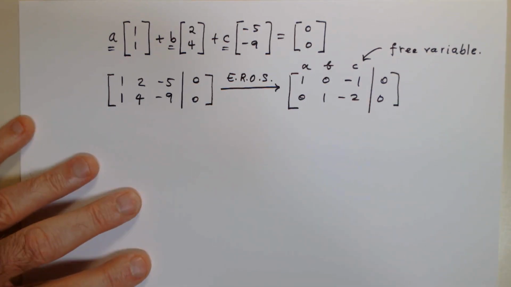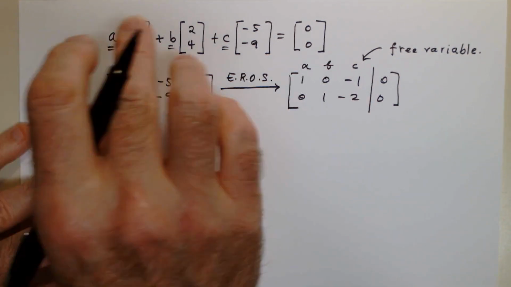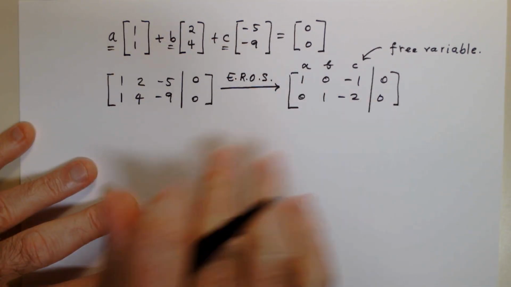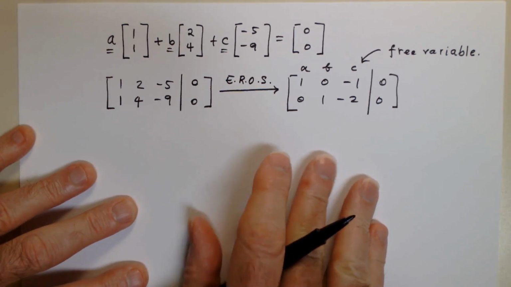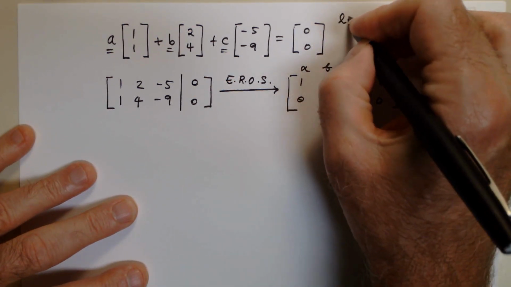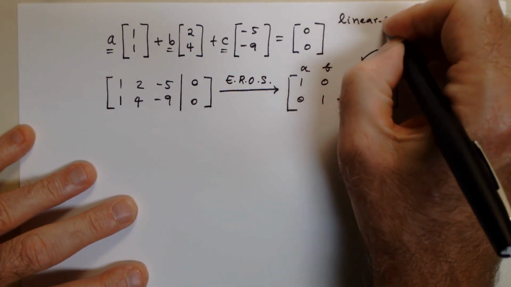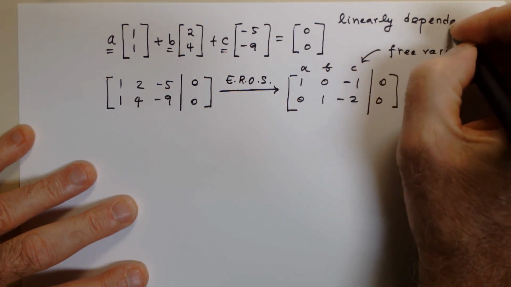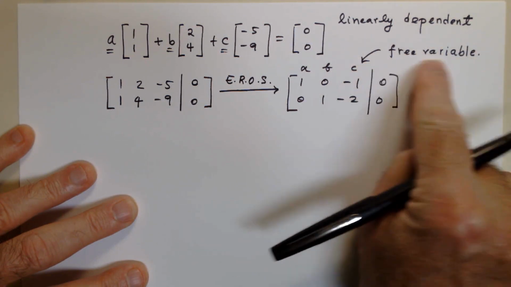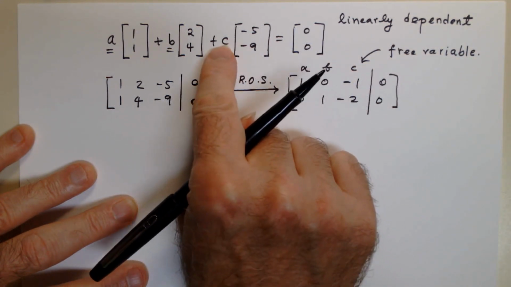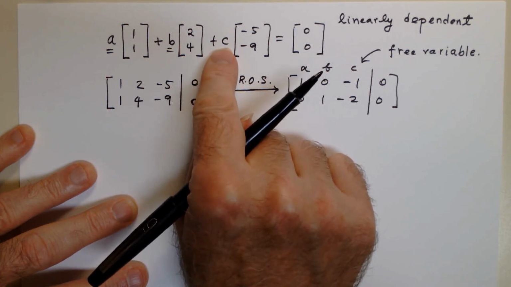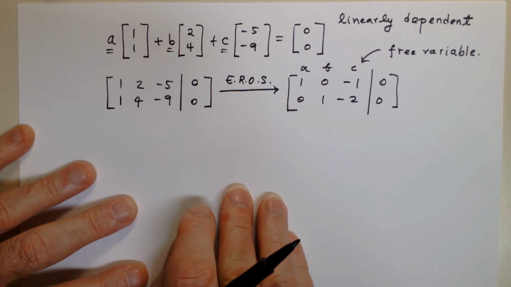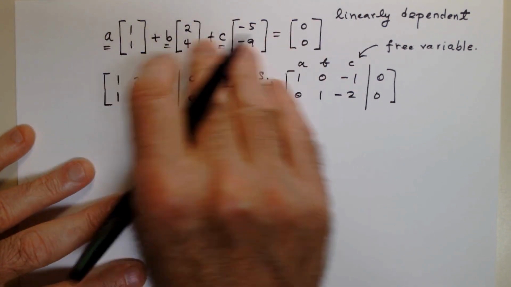And in a sense, the game is over. We know, in fact, that this collection must be linearly dependent. We know that right here. We could put our pen down and walk away. We could safely declare this collection is linearly dependent, because the presence of this free variable says I can set this one equal to anything different from 0, and I'll have a non-trivial solution to this linear combination problem.